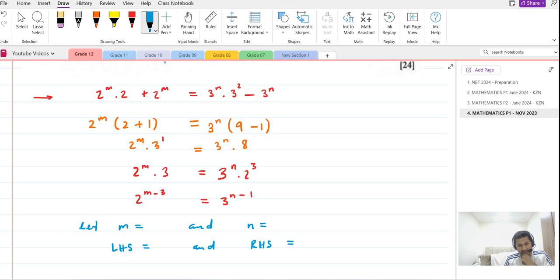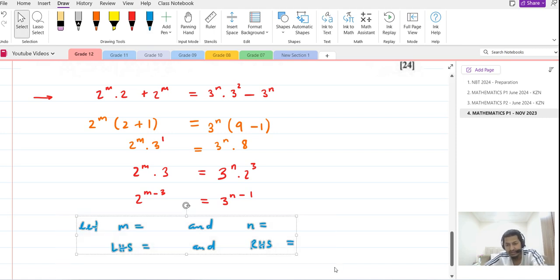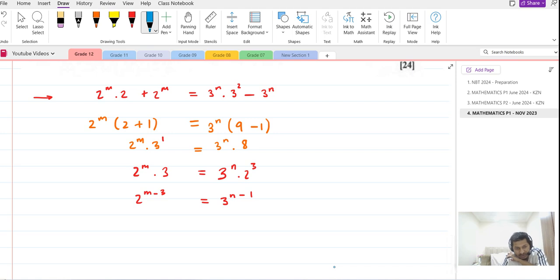No. If I substitute 3 inside here, if m is equal to 3, yes. So I kind of have an idea. The only way that this will work is if you have 2 to the power 0 equals 3 to the power 0. So make both sides equal to 0.